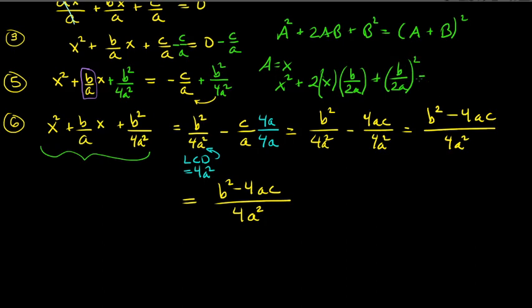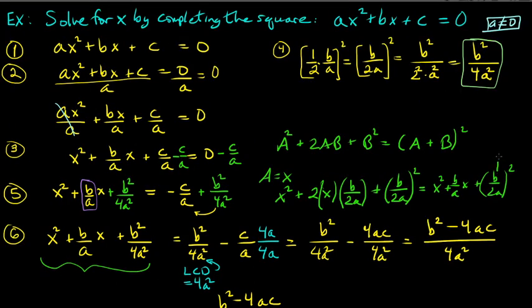And I know I'm kind of running out of space here, but this should work. This is x squared plus, this 2 cancels with this 2, and you just get b over a times x, plus b over 2a, well, when you square it, you just get b squared over 4a squared. I mean, that's how we got it up here. These are the same.